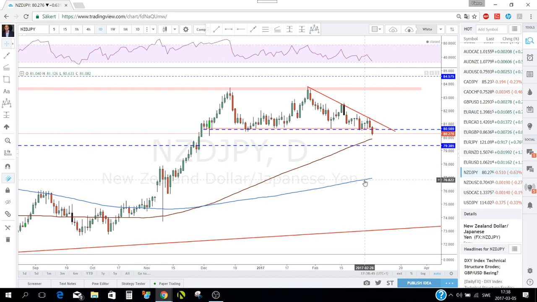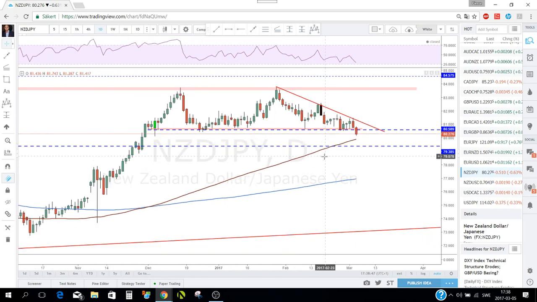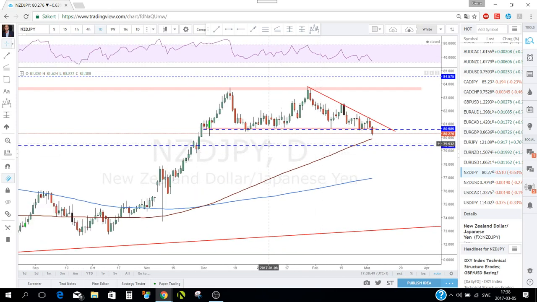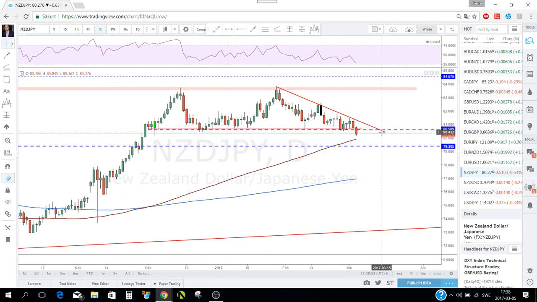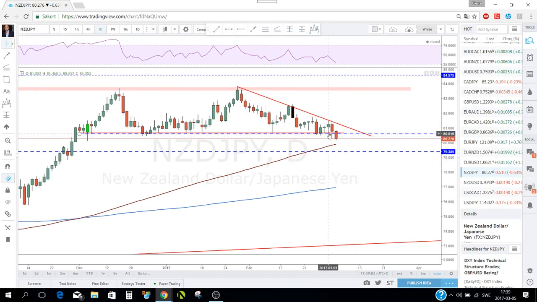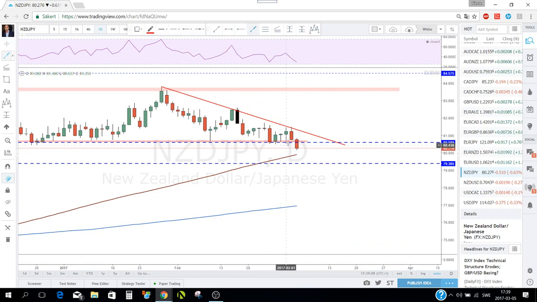New Zealand JPY, as you see, guys, if you go to the daily, last week on Friday we did break this structure where I was expecting a bounce to the upside. It didn't happen. We had this bounce Tuesday, Wednesday, but no continuation momentum.